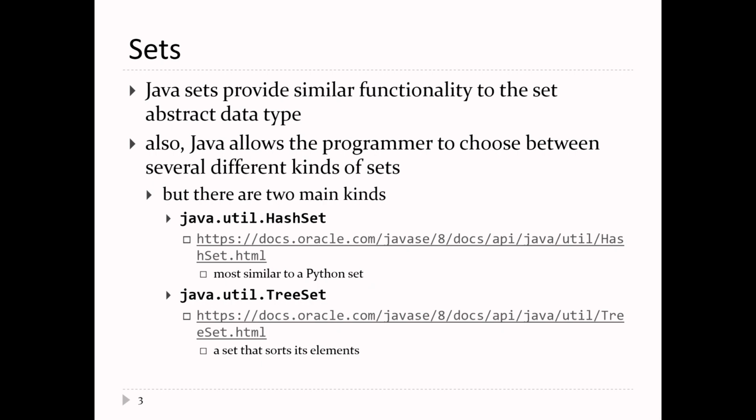A TreeSet is a set where all the elements are unique, but they're also in sorted order. So if you wanted to make something like a dictionary for a language, then a TreeSet might be a good candidate as a collection to store the words of your dictionary.